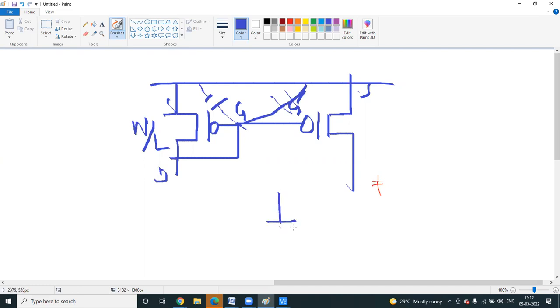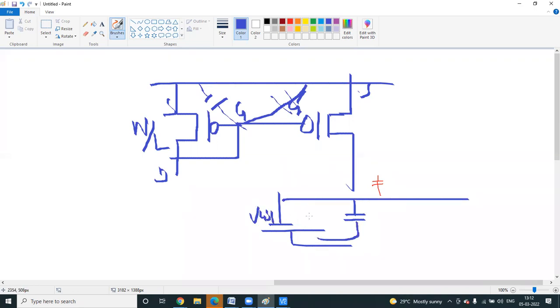So the parallel voltage will be the same. So this is VGS1, this is VGS2, so VGS1 equal to VGS2. This point to this voltage is the same, and this point is the same. That's why it is connected to VDD. Understand or not? This source you have to short, then VGS1 equal to VGS2.